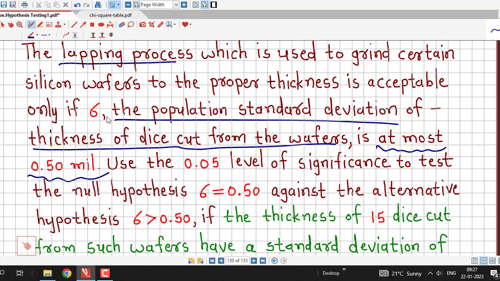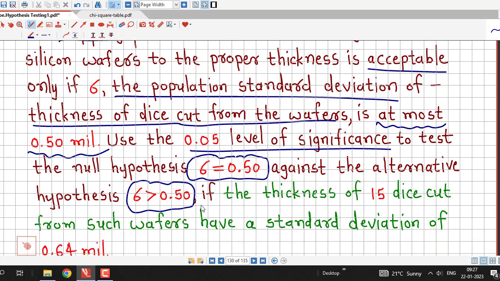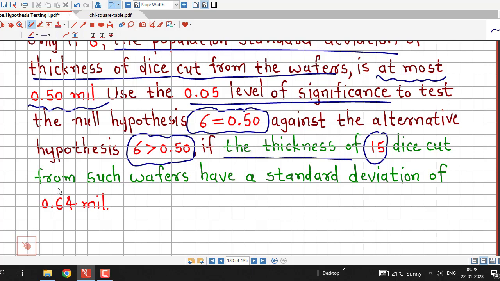Use the 0.05 level of significance to test the null hypothesis that population standard deviation is 0.50 against the alternative hypothesis that population standard deviation is bigger than 0.50, if the thickness of 15 dice cut from such wafers have a standard deviation of 0.64 MIL.